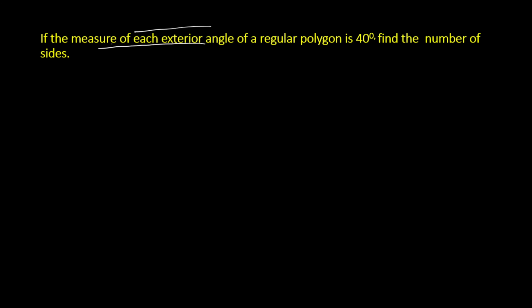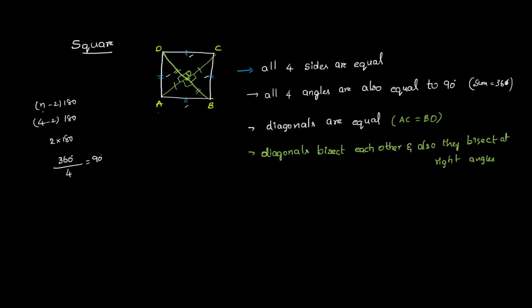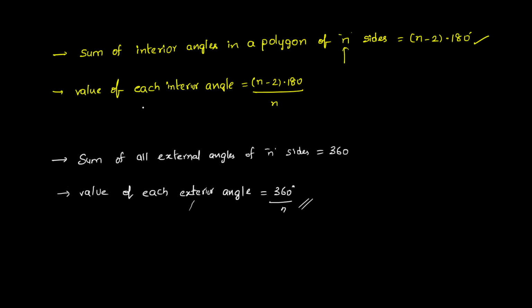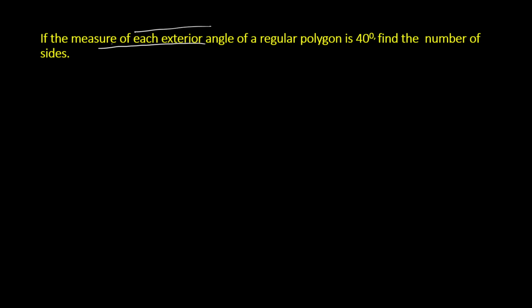But for each angle, we always have to divide by n. Remember, each angle, whether interior or exterior, we should not forget dividing with n. So the value of each interior angle is the total sum of interior angles by n, and the value of each exterior angle is the total sum of exterior angles, 360, by n. So for each angle, we divide by n.